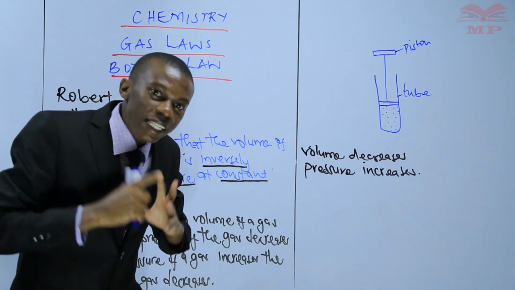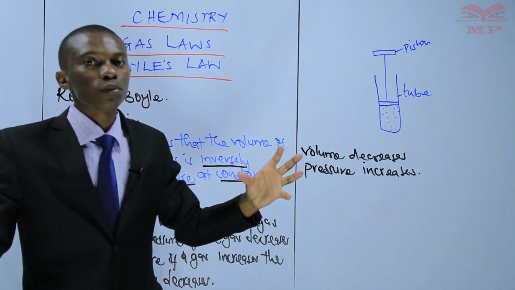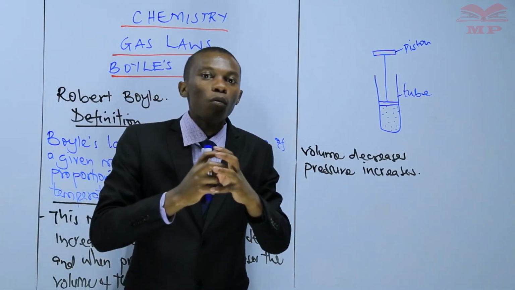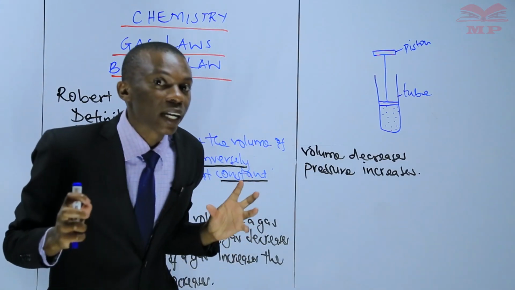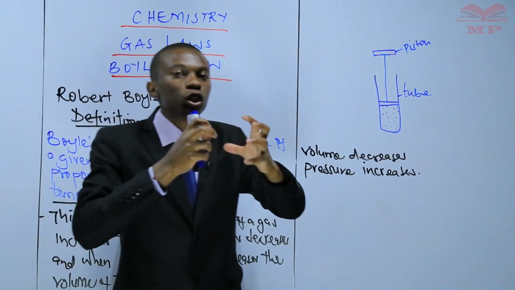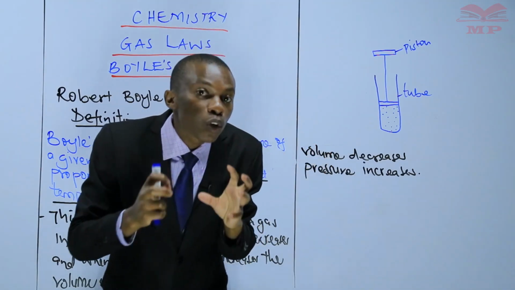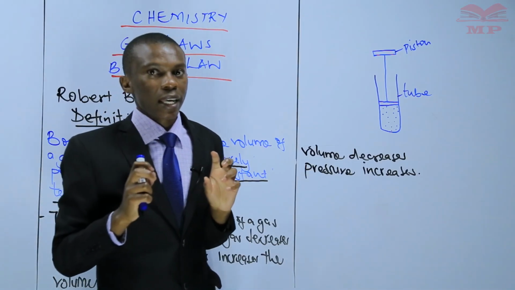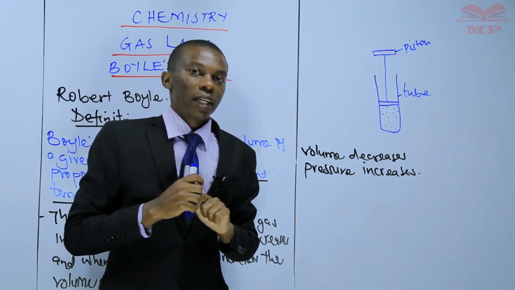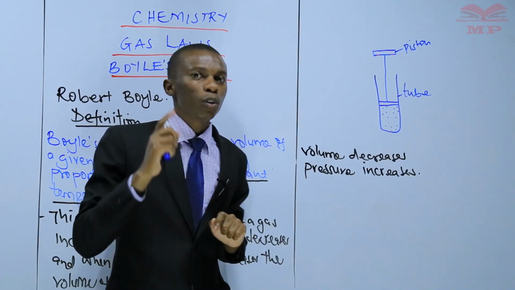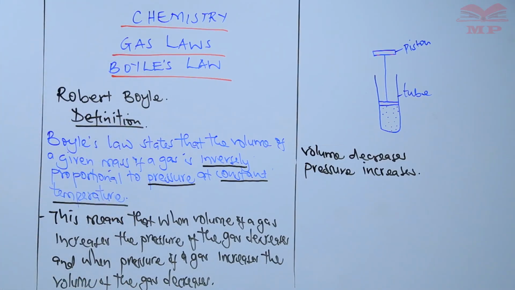The reason why pressure will decrease is because the particles of air now move far apart from one another. When they move far apart, the probability of these particles colliding with one another and also with the walls of the tube decreases. And that's how the pressure decreases when volume increases.